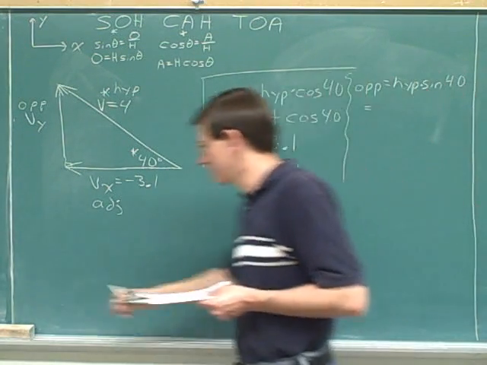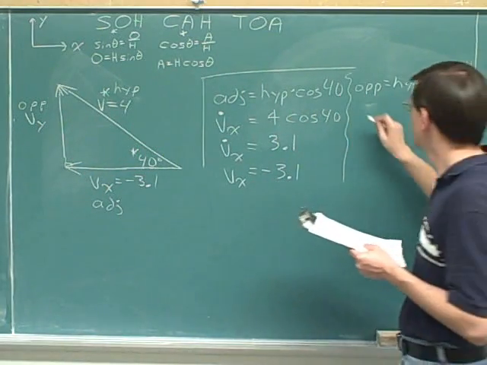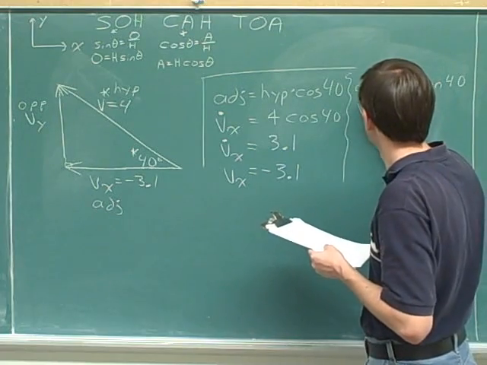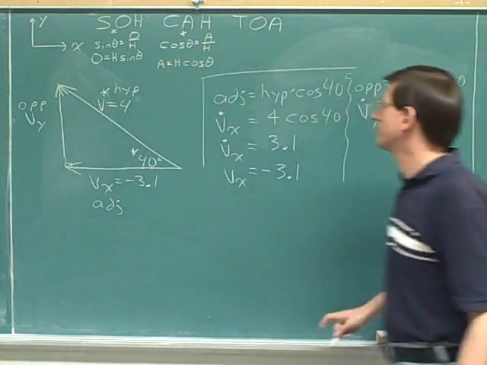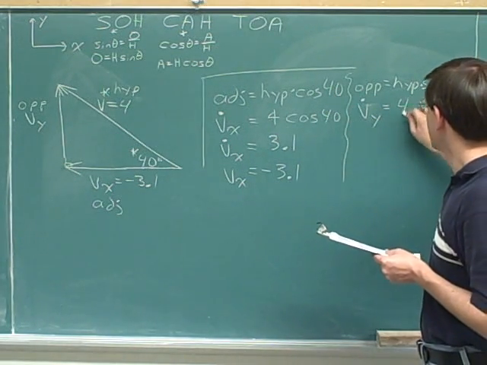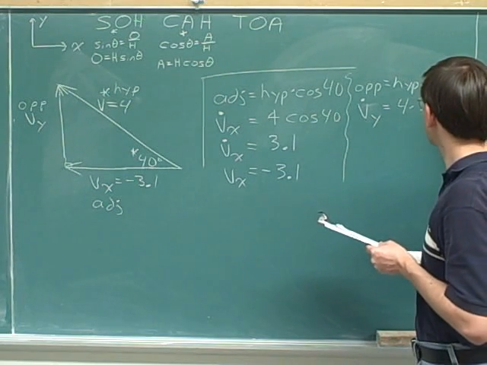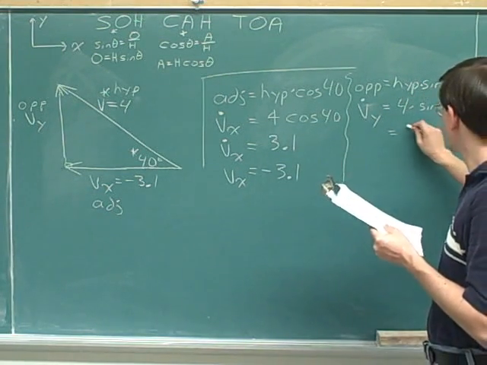So the opposite side is v sub y, but again we're in the realm of lengths, so we should use a dot to indicate that that's a magnitude. And then 4 times sine 40. 4 times sine 40 is 2.6.